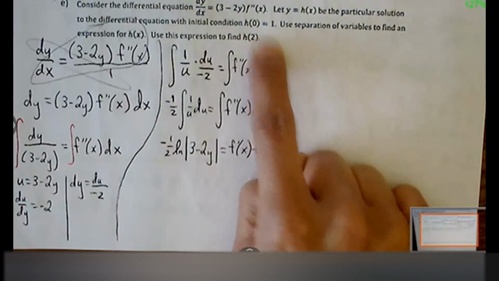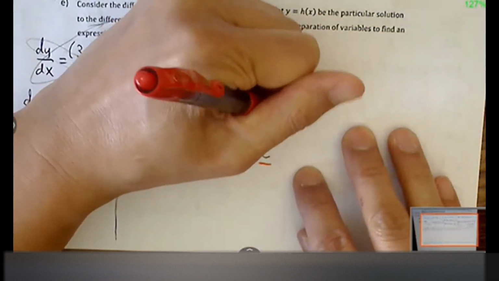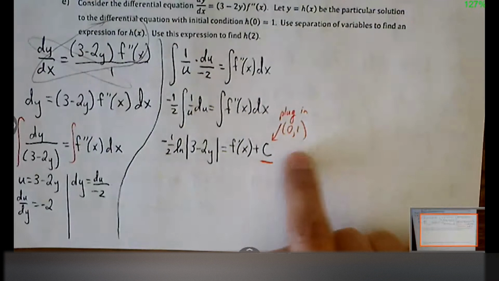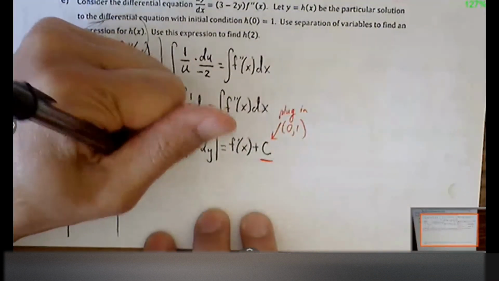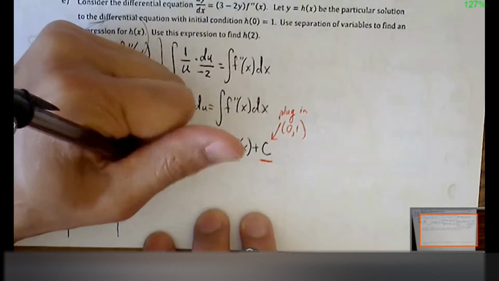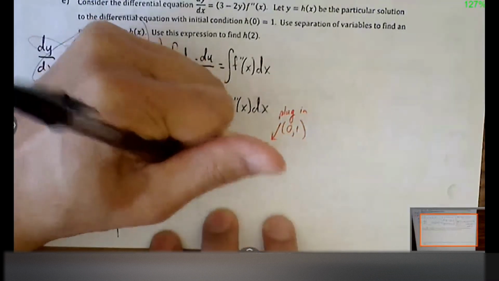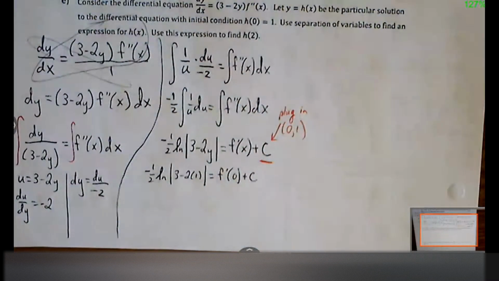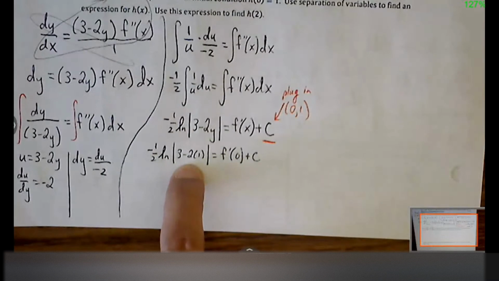So there's my initial condition, 0, 1. Okay, 0 in for x, 1 in for y. This is 3 minus 2, which is 1.